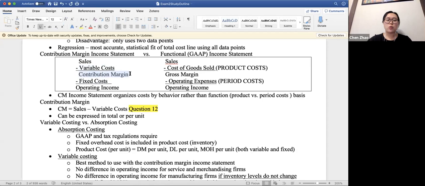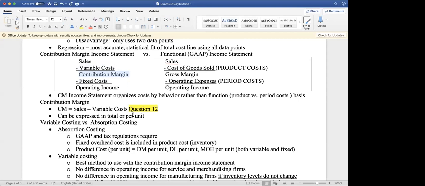For example, the very easiest question to answer is how many products do we need to sell in order to not lose money, okay? So this is more like an internal use. Does it make sense? Yes, thank you. You're welcome.